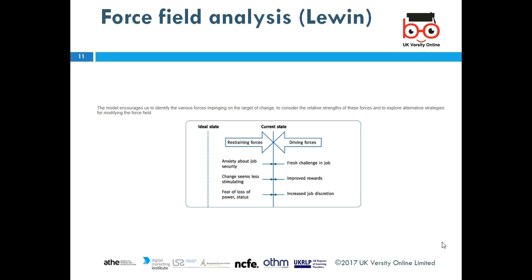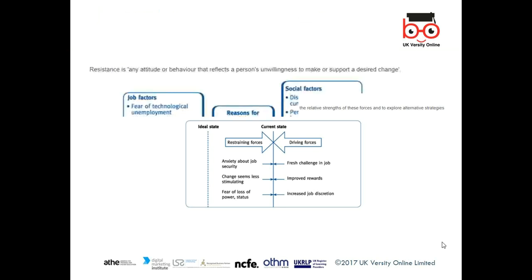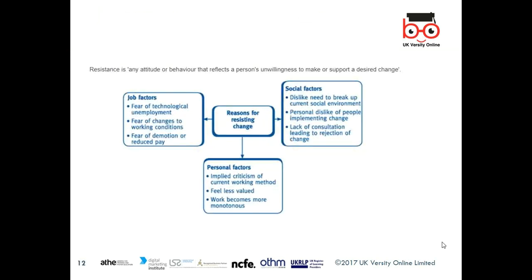So we need to look around at this force field model. Some forces are against the change and some forces are the driving force to work on. So when we're looking at what type of forces are against, we need to look around and address it. Job factor, fear of technology, any technological changes, unemployment.